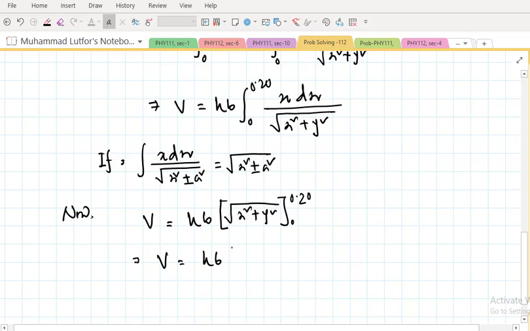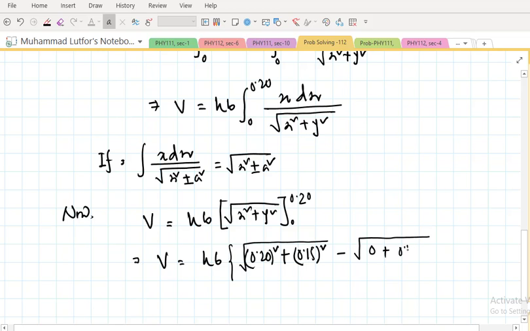So I'll write x is 0.2 square plus y is 0.15 square, square root, minus, for the second limit x is 0, 0 plus 0.15 square.